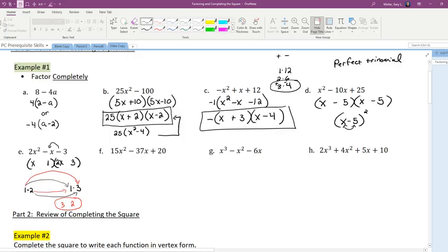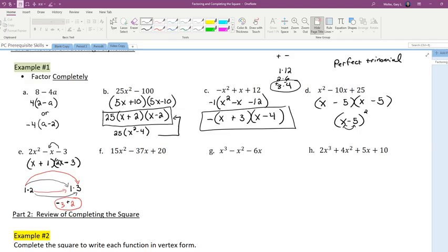So this 3 that I'm building here has to be the negative, and the 2 has to be the positive. So my 3 is being built by multiplying these two together. And so that means I want the negative there and the positive there. Now that seemed like a lot because I'm talking through it, but honestly, I would have that factored in about 5 seconds once I've practiced and reviewed and I'm ready to go.